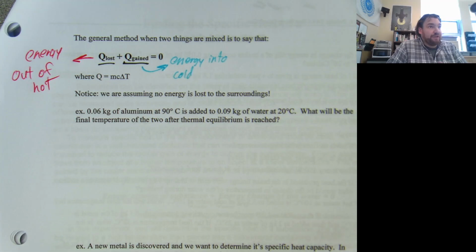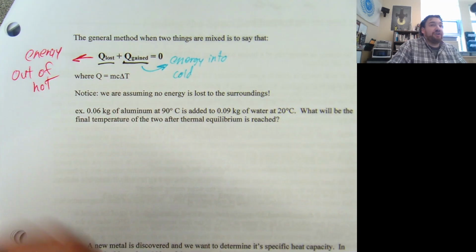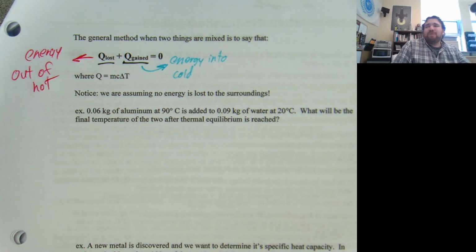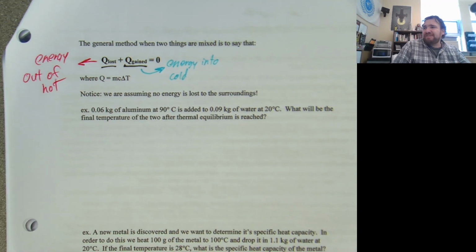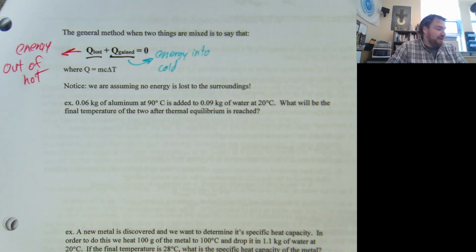And if you add those together, they should be 0. If it's not 0, it means you've lost energy somewhere, which in the real world is likely. So having it equal 0 means we're assuming no energy is lost to the surroundings. We know that's not true, but for the sake of what we're going to do now, let's pretend.